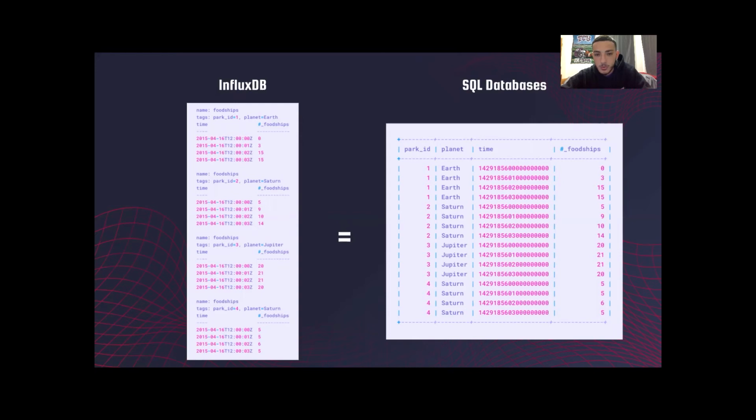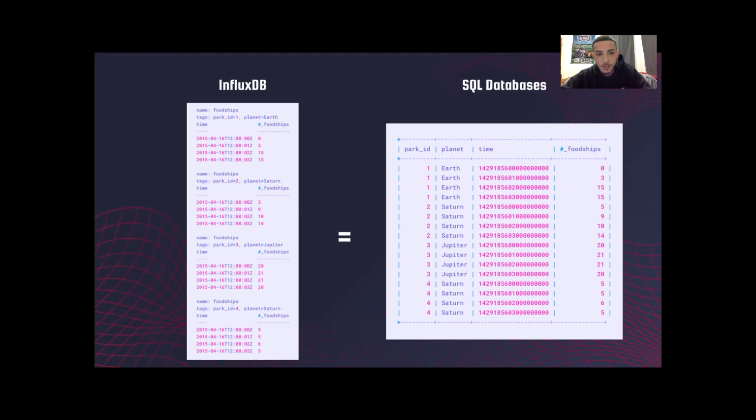Just a typical SQL database, but that database would look like the graphic on the left in InfluxDB. So each planet has its own set of data called a series, based off its park ID.